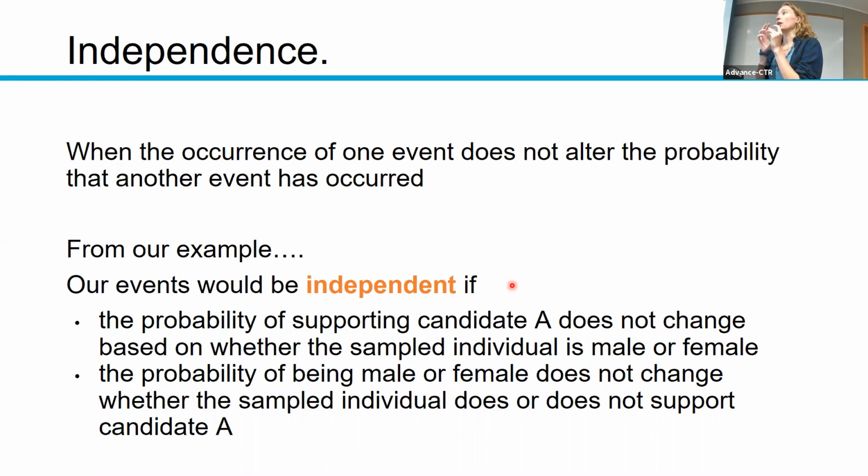Or the opposite, the probability of being male or female does not change whether or not you support candidate A. So these two events, supporting candidate A and being male or female, have no effect on each other. They're independent.